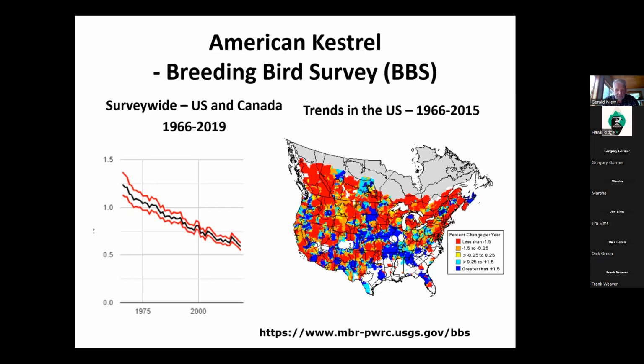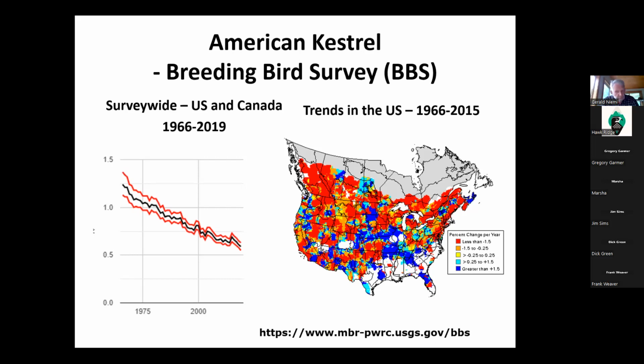With the mapping on the right, those places shown in red are showing percent changes of less than negative 1.5%, which is very massive change in the population over that time period.